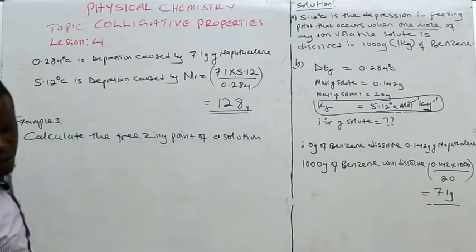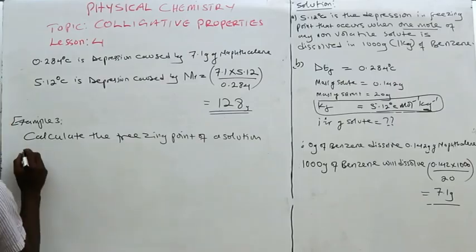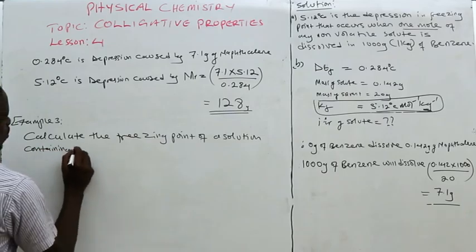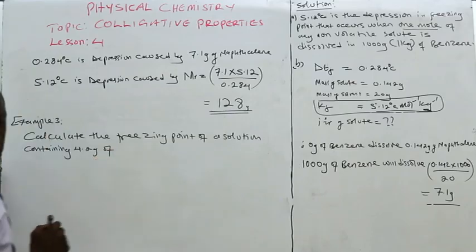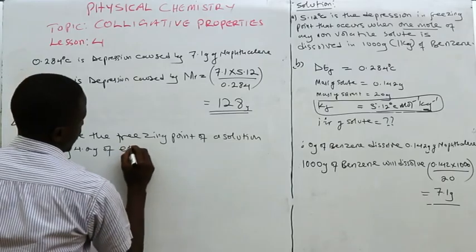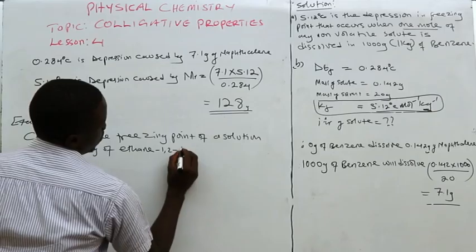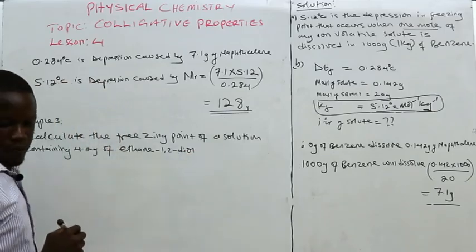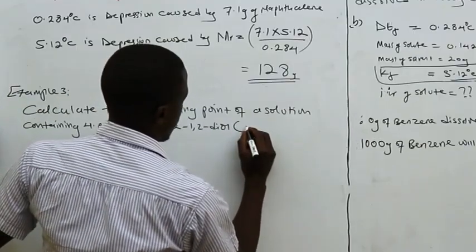Calculate the freezing point of a solution containing 4.2 grams of ethane-1,2-diol. In brackets, we can give this formula.